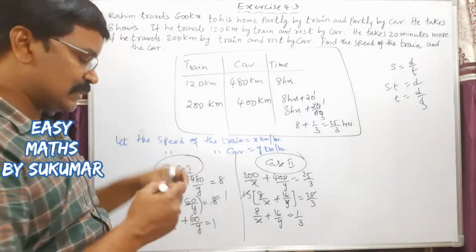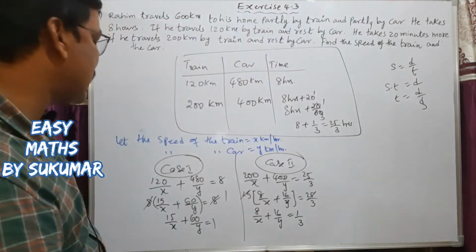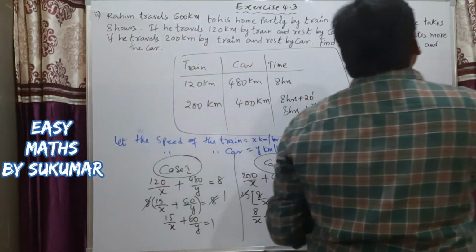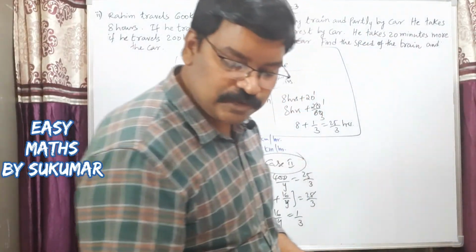Now my dear students, let us take 1 by x as a and 1 by y as b. That means we are reducing these two equations into linear equations.